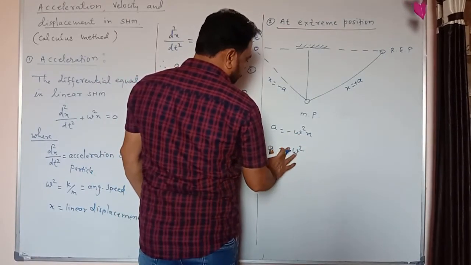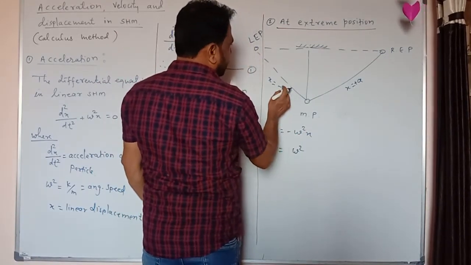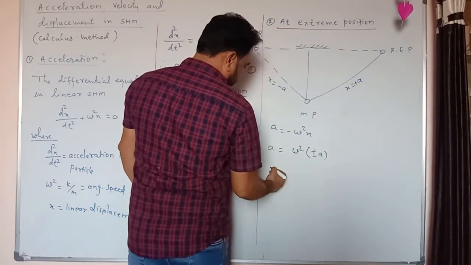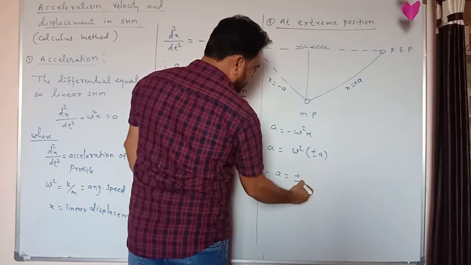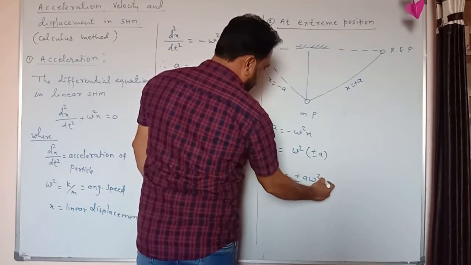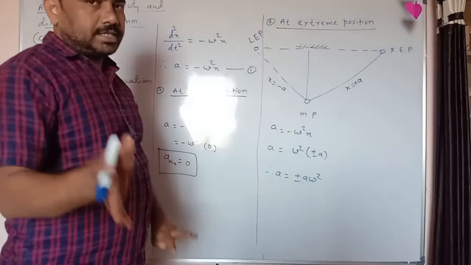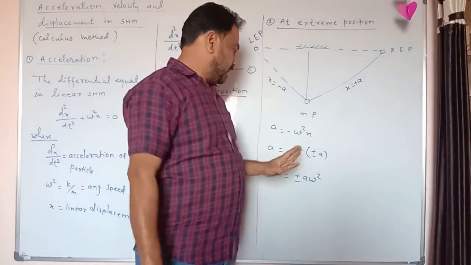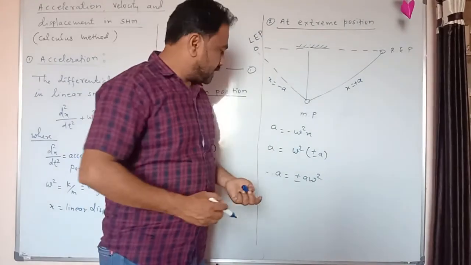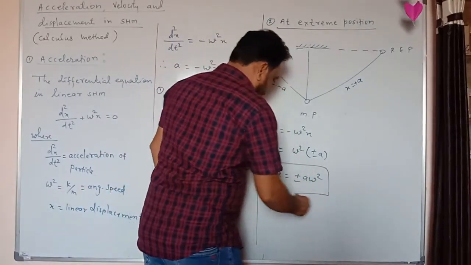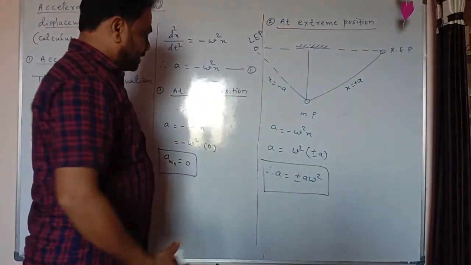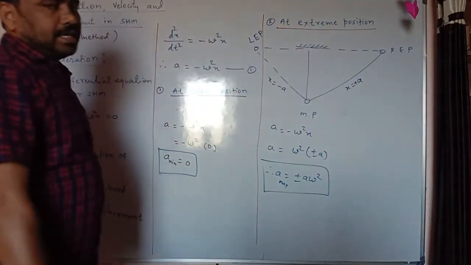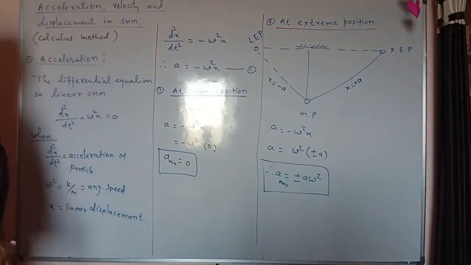Instead of x we use plus minus A, so acceleration is equal to plus minus A omega square. Plus minus means right side and left side, and A stands for maximum displacement. So the maximum acceleration of the body is equal to plus minus A omega square.